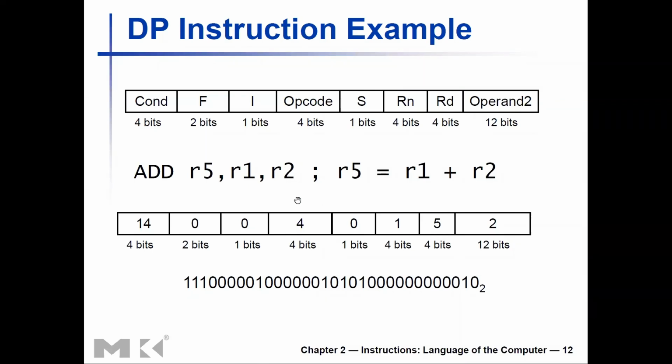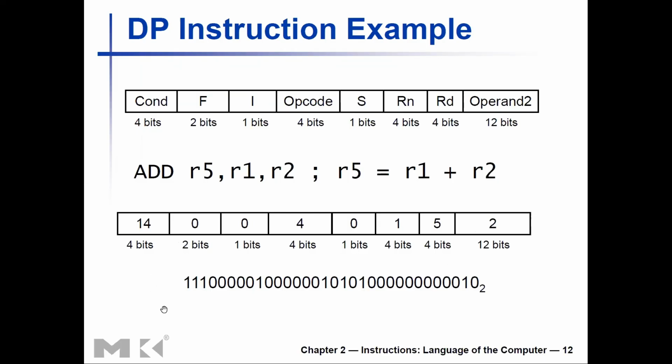And 2 we have put in the last part of the instruction, because operand 2 is going to act as a register number, not as an immediate value. So the register number we need to encode is 2, so that is put here. Hope it's clear.